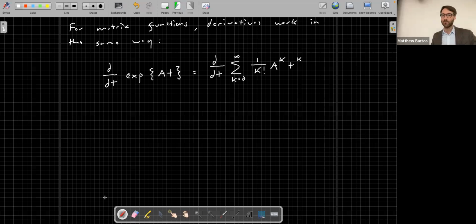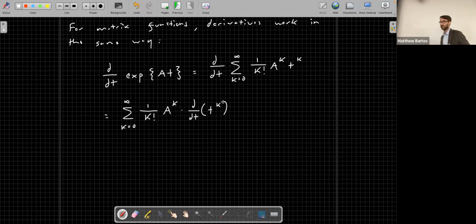Okay, so we're going to see what happens when we take the derivative of the matrix exponential. So the first thing you might notice is that the derivative is a linear operator. So we can move it inside of this sum here. Okay, so this will be equal to the sum from k equals 0 to infinity of 1 over k factorial A to the kth power, and then we can just apply d by dt to the term that depends on t.